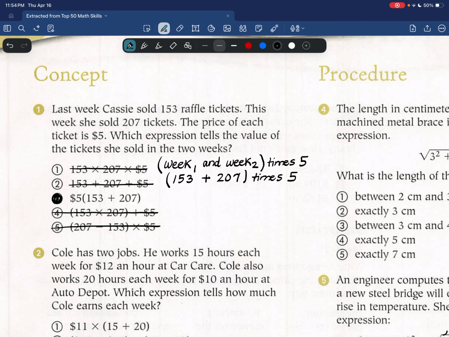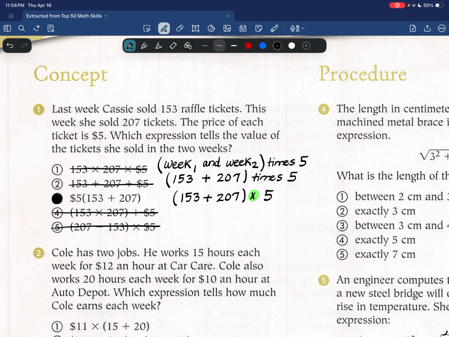And let me show you why. Let's suppose that I wrote it this way. That is not incorrect. You can do that. The problem is right here. In an algebra problem, x's mean something other than multiplication.